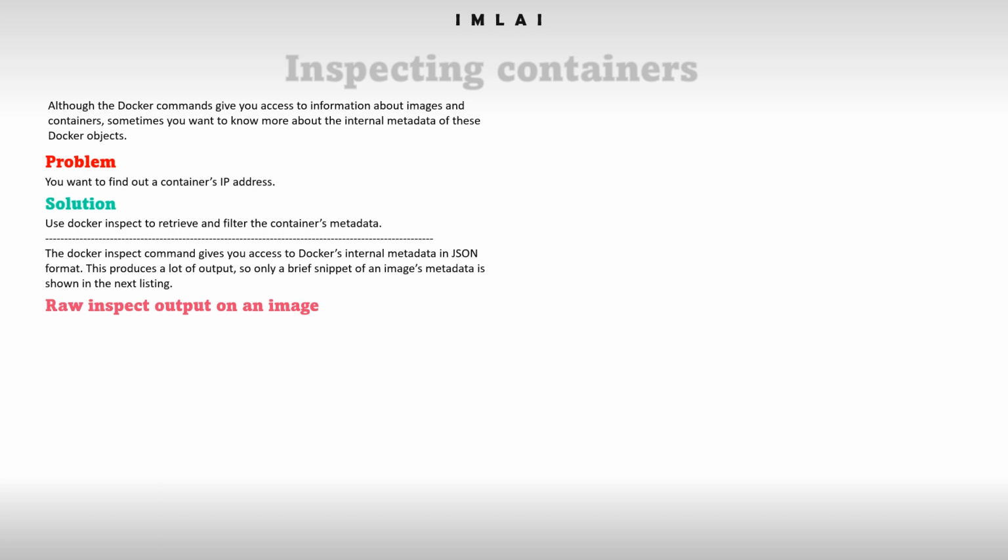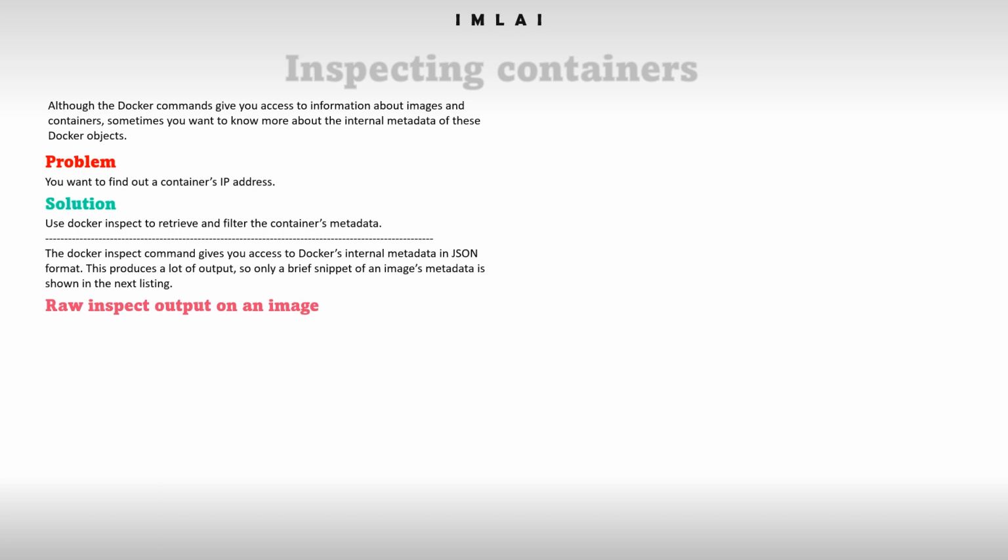We have discussed what JSON is. If you have no clue about JSON format, watch my previous videos, in which I explained Python dictionary, JSON format, and even YAML format with practical demonstrations. I urge you to go back and watch that. Now we are talking about the raw inspect output of an image.